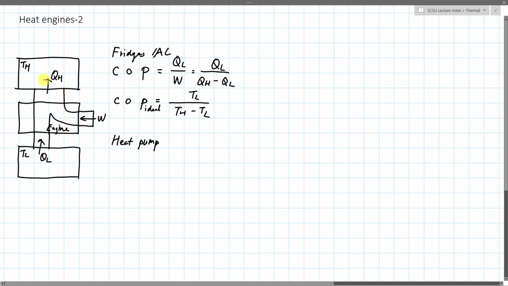This is what we normally don't really have in the cold northern U.S. We have to burn fuel directly just to heat our rooms. In the southern part of the U.S., this could be a bit more efficient because you can turn it around into refrigeration or air conditioning to cool your room in the summer, and in the winter you reverse the process.